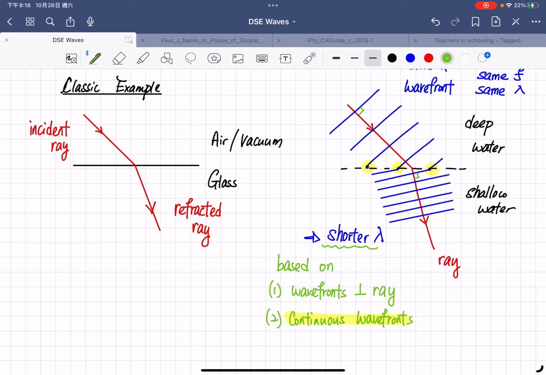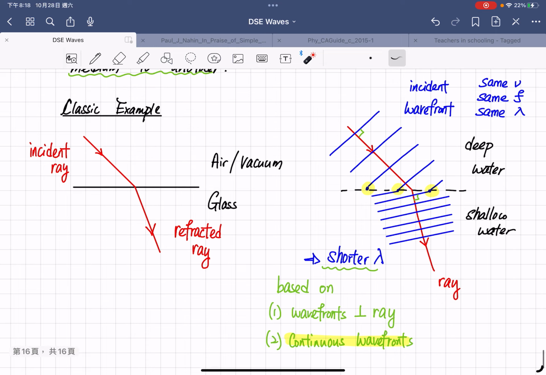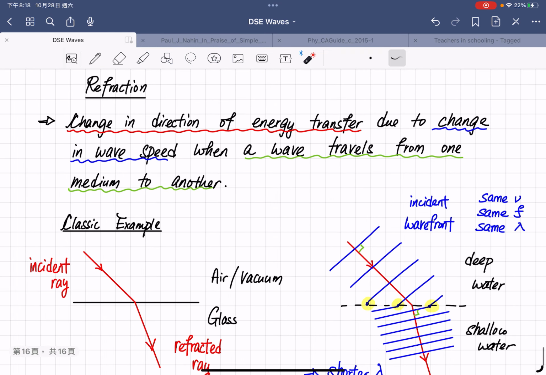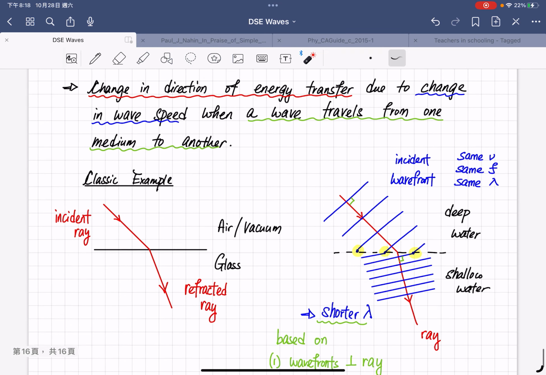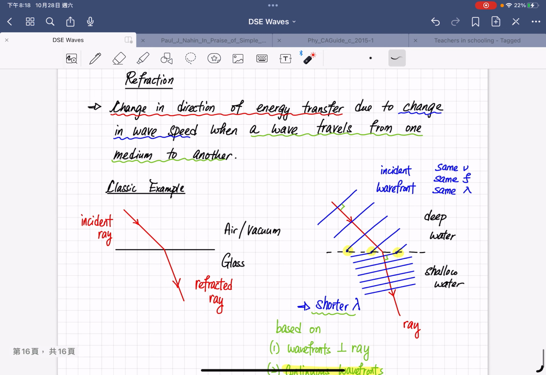Therefore you found out that when there is a change in the wave speed, in fact there should also be a change in wavelength. This is something that we will come back to later. But never mind, the bottom line is refraction is a name we use to describe the phenomenon when the ray changes its direction of energy transfer when it travels from one medium to another.